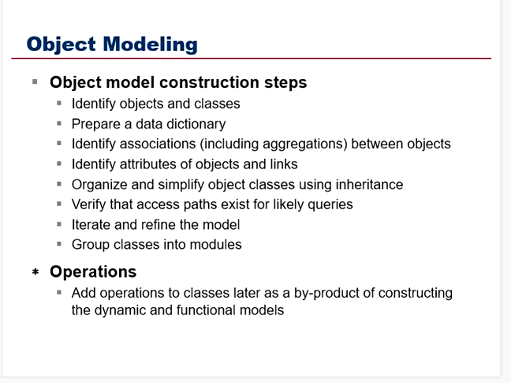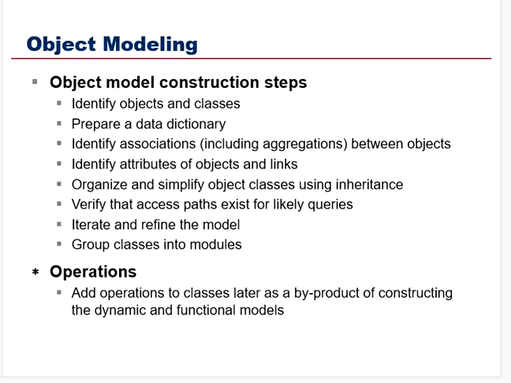The second step is preparing a data dictionary. The third step is identifying the associations, and this includes the aggregation between objects. The fourth step is identifying the attributes of the objects and links. The fifth is organizing and simplifying the object classes using the inheritance concept.